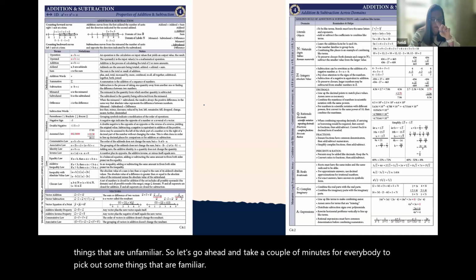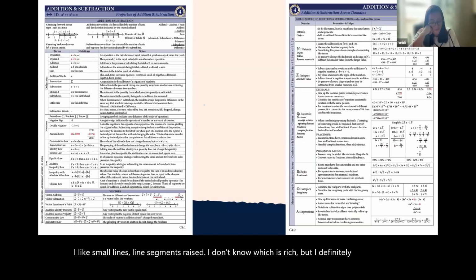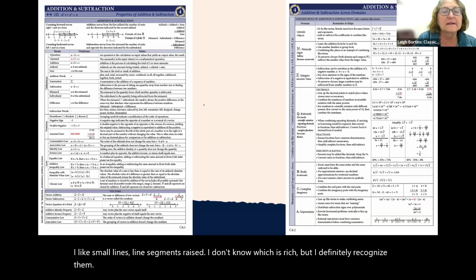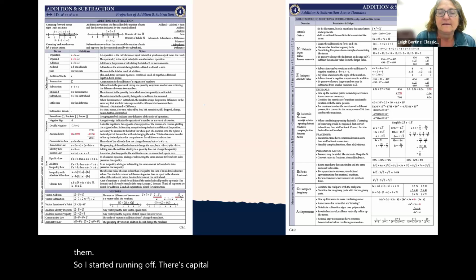I recognize the line segments, rays. I don't know which is which, but I definitely recognize them. I'm starting to recognize those capital N, Z, Q, R, C, A. I'm seeing a lot, so I'm starting to just be able to read them.